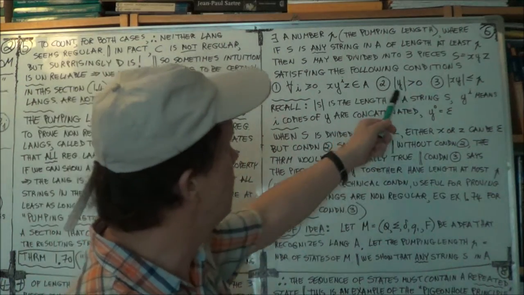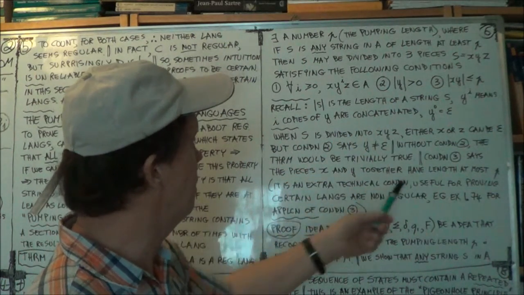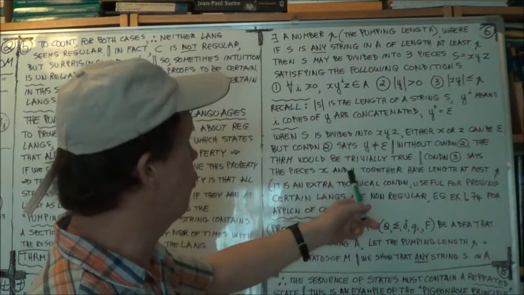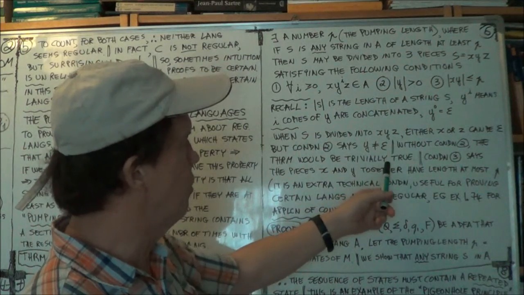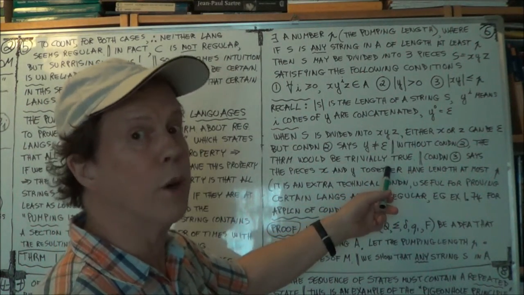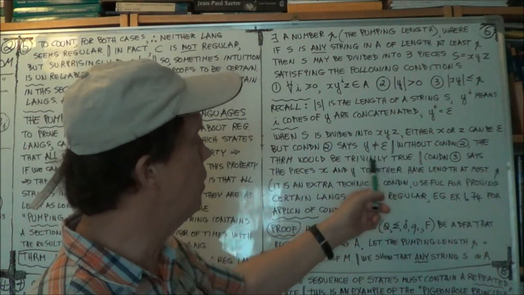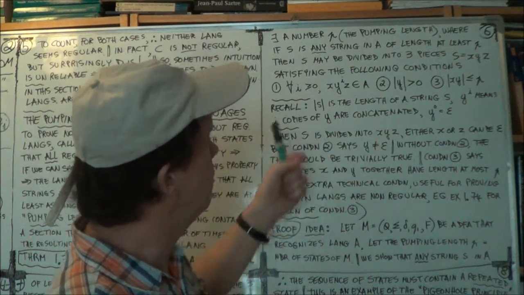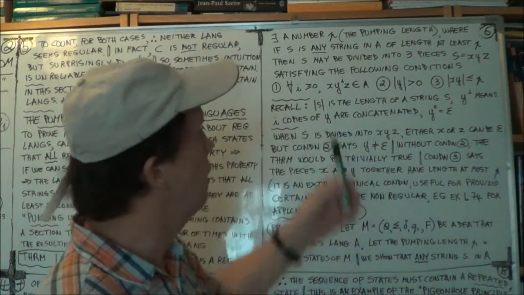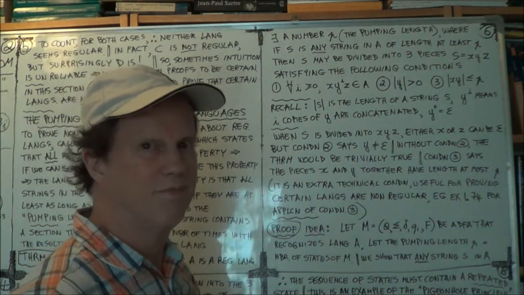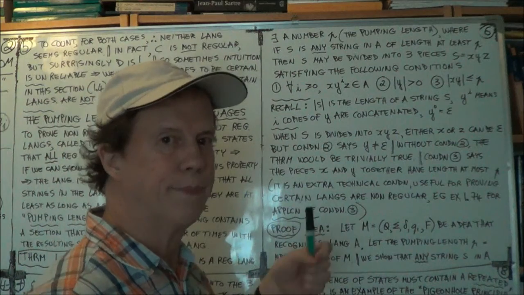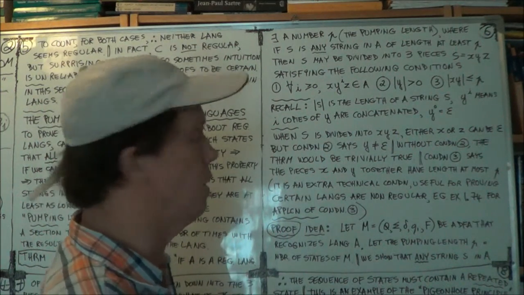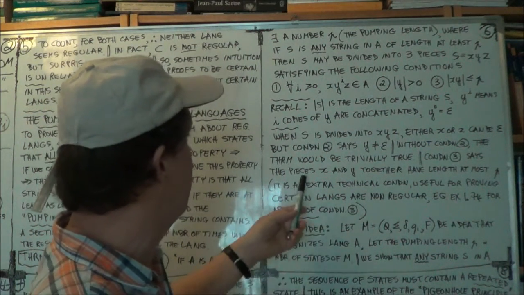Now, why is this put here? Because without it, your theorem becomes trivially true. Do that as homework. Convince yourself that that's true. If you did not have this condition, then the theorem becomes sort of trivial.